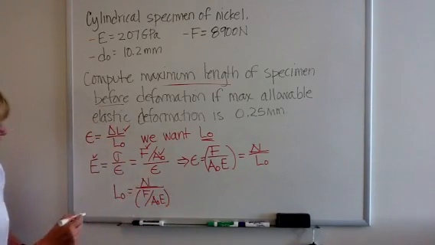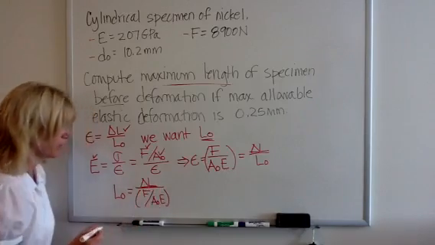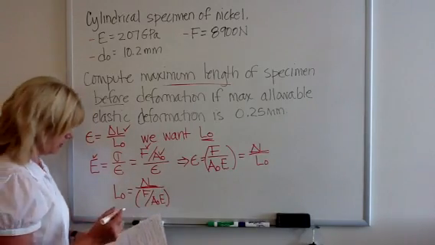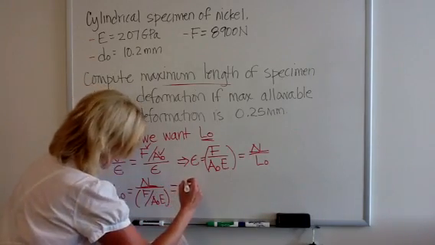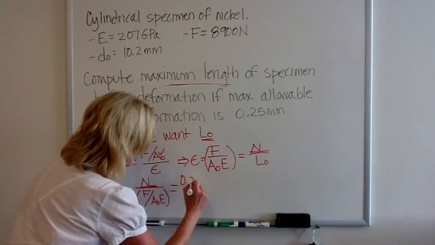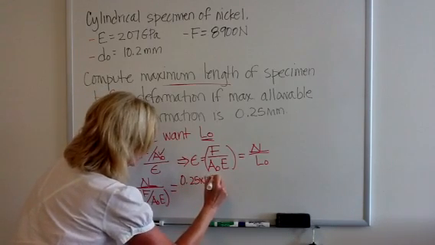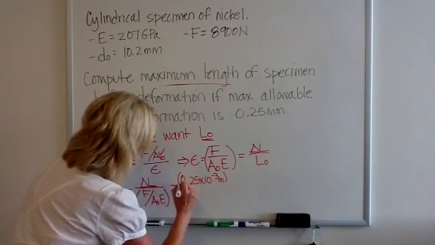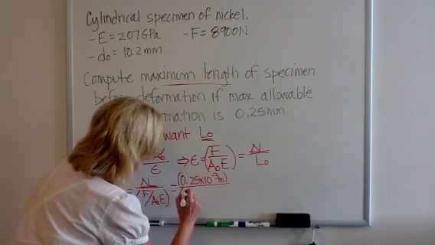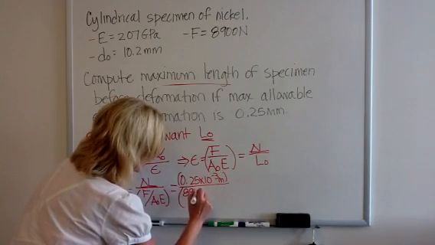We know all of those things, so now I'm just going to plug them in and make sure that the units work out. Delta L is 0.25 times 10 to the minus 3 meters. F is 8,900 newtons.